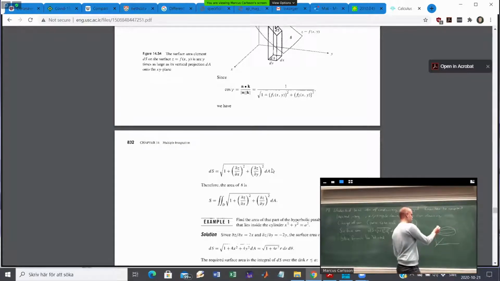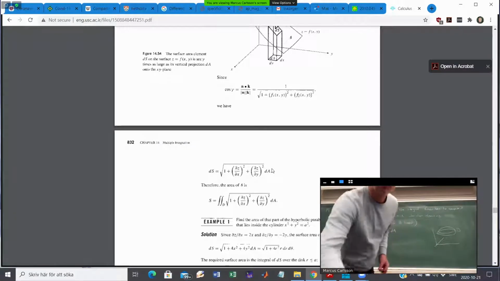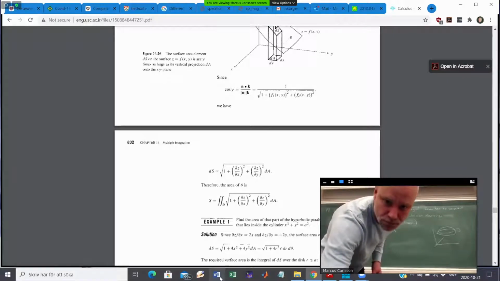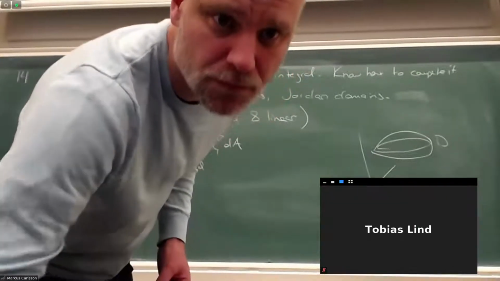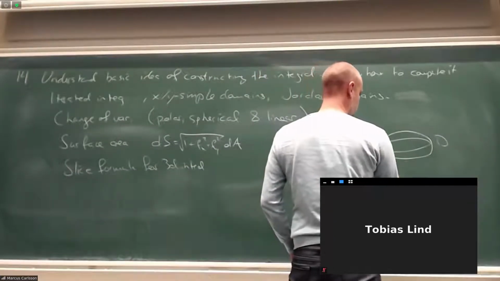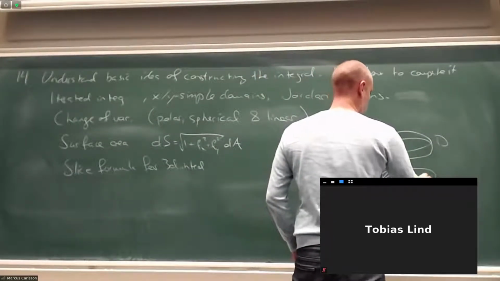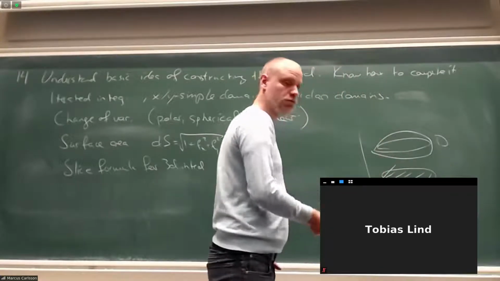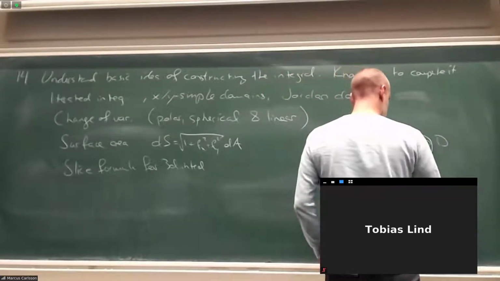So I have some domain D in three variables. And this domain D has some sort of shadow down on the XY plane.